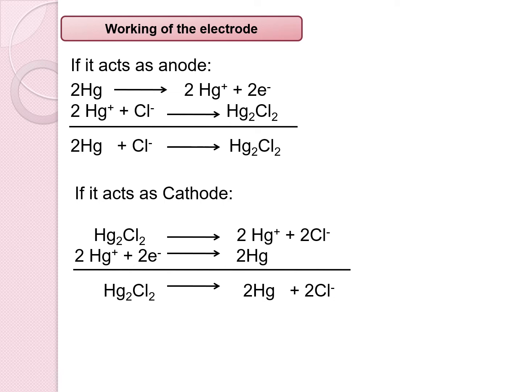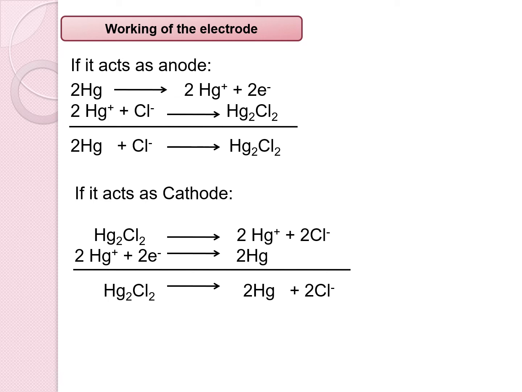Now at the cathode we get reduction, meaning gain of electrons. We know in the calomel electrode we have the presence of mercurous chloride, which is a weak electrolyte, so it will be present in the ionized form as 2Hg plus and 2Cl minus. Now this Hg plus, that is plus charge, indicates electron deficiency.